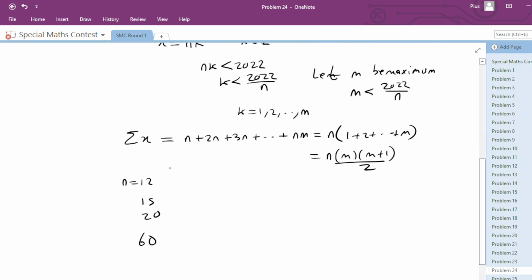For each of these we need to figure out what m would be. So here we have 2022 over 12. We see that 6 divides both of these, so let's just divide straight away.